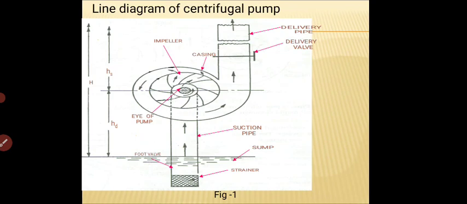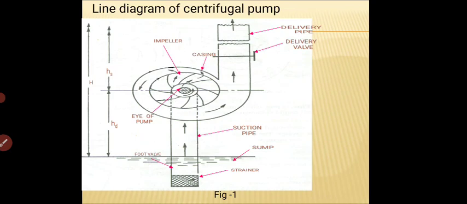Now, some example of a centrifugal pump. When a certain mass of liquid is rotated by an external force, a centrifugal head is imparted to it to rise to a higher level.